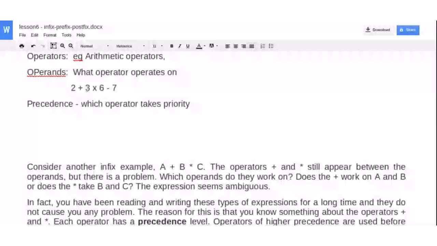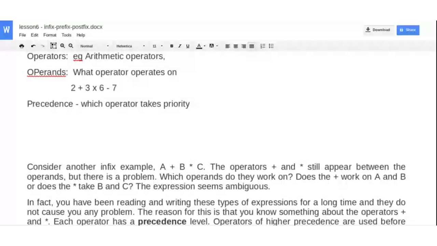Operators have a precedence, and so when they occur together, you have to know which one has a higher precedence than another. And some operators are at the same precedence level, and so in that case, there is a way we handle situations where operators are at the same precedence level.